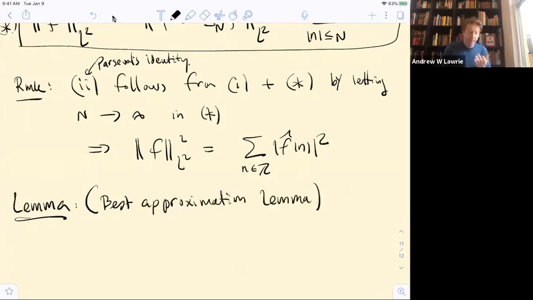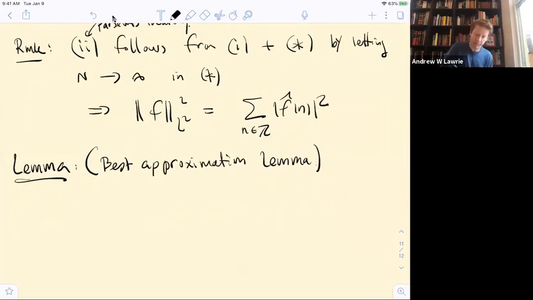Which tells us that the Fourier partial sums are the best approximation for a function in L2. You can't do better if I'm just looking amongst trig polynomials.